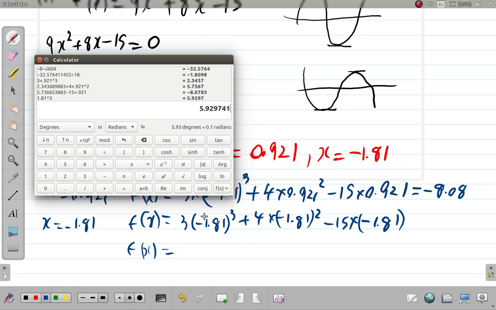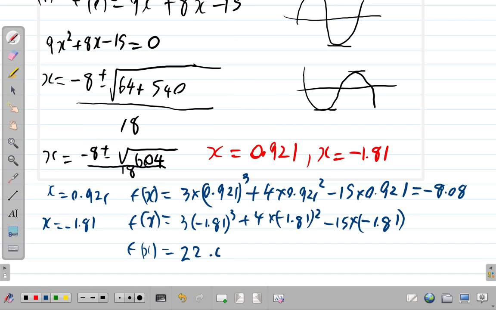We know that this is a negative and we have 3 of them, so this will eventually become negative. Times 3, plus 4 times 1.81 squared, which is positive because negative squared becomes positive, minus 15 times negative 1.81, which will become a plus 15 times 1.81. That equals 22.47.